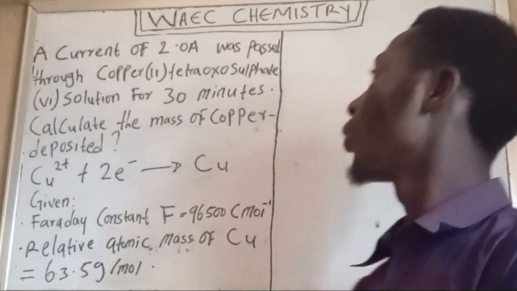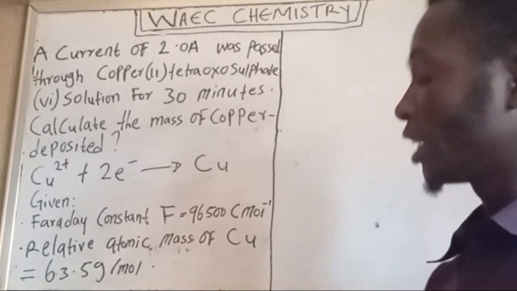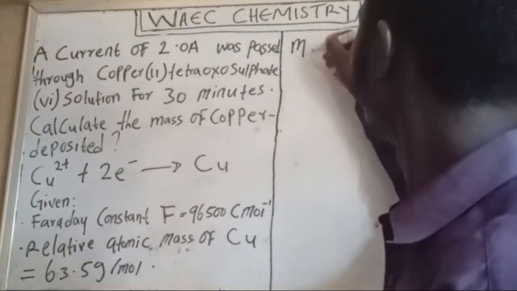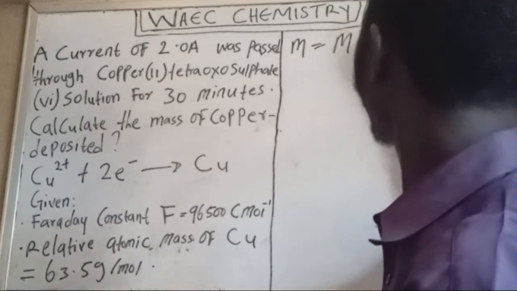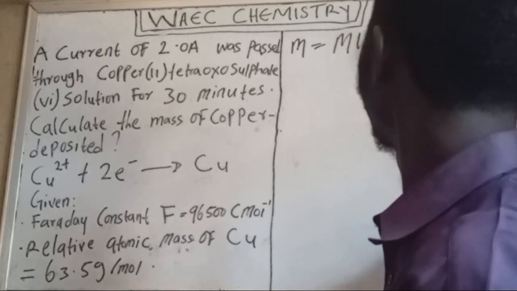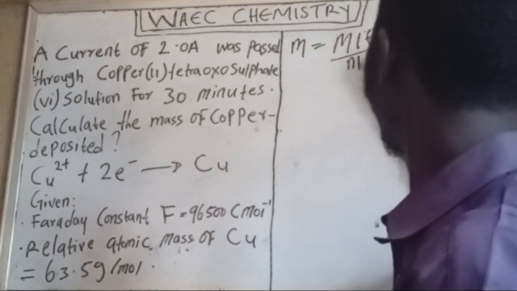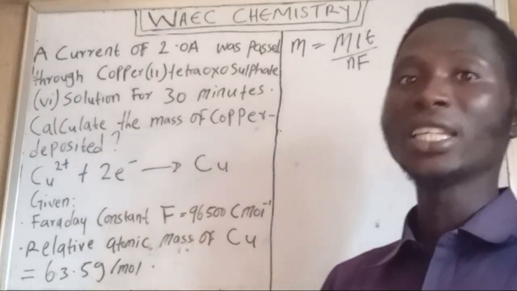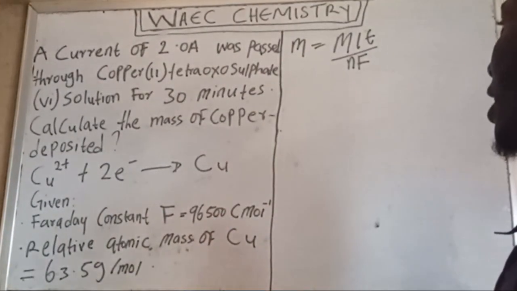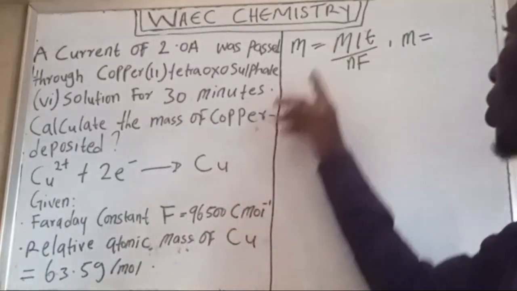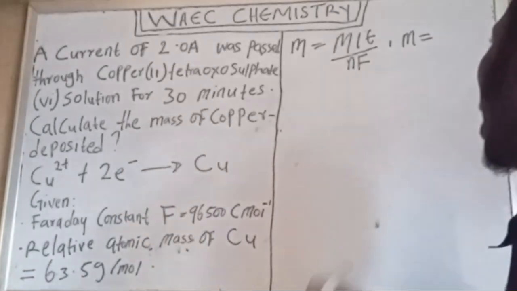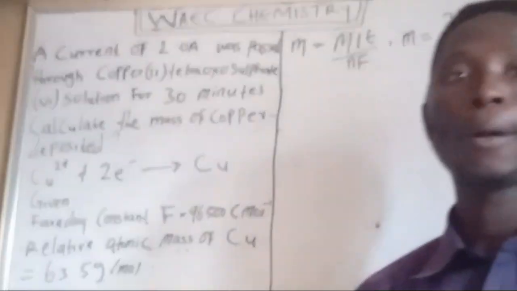So the formula we will use in this question is, since they are asking for mass, M is equal to molar mass times I times t, all over n times F. This is the formula that we are using, and our M here is mass. M is the question mark. We are looking for the mass of what? Copper deposited. So M is the question mark, which is our mass.